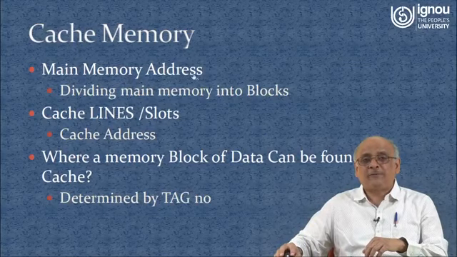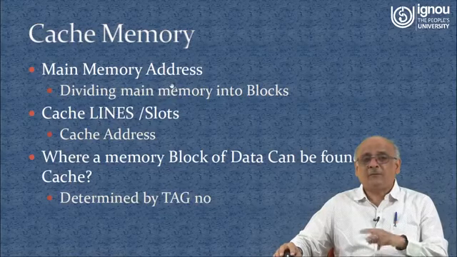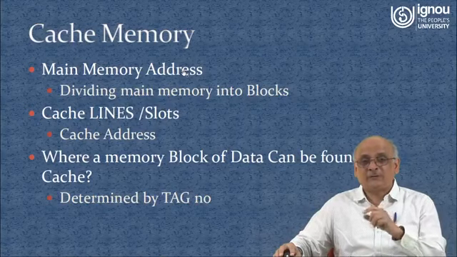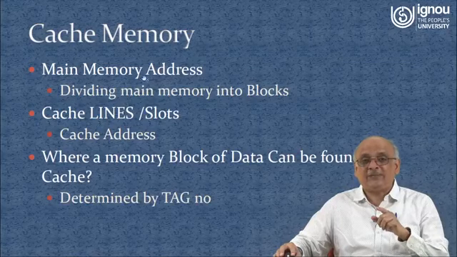Now this can be further divided into blocks. If 4 words of main memory are in a block, effectively 4 is 2 to the power 2, so only 18 bits are now for the address and the remaining 2 bits are for the block.